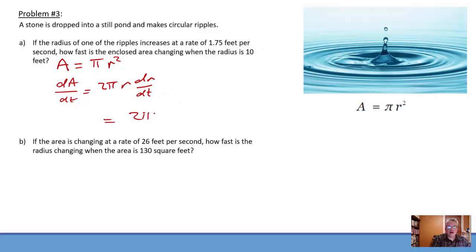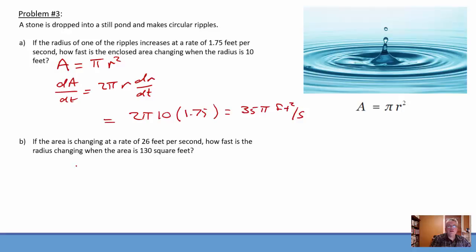So we have 2 pi times 10 times 1.75. Okay, so 2 times 1.75 is 3.5 times 10 is 35. So we get 35 pi. And our units were feet and seconds, so this would be feet squared per second. Units of area per units of time.